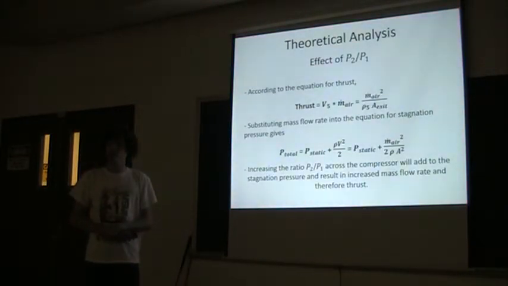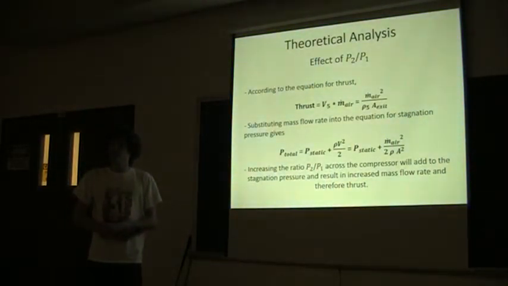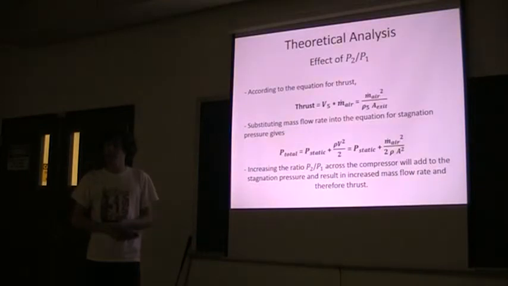So according to the equation for thrust, you can find the effect of the pressure right behind the compressor and the pressure before the compressor. We already know the thrust is the velocity times the mass of the air, but you can also plug back in and get the mass flow rate of the air squared divided by the density times the area.